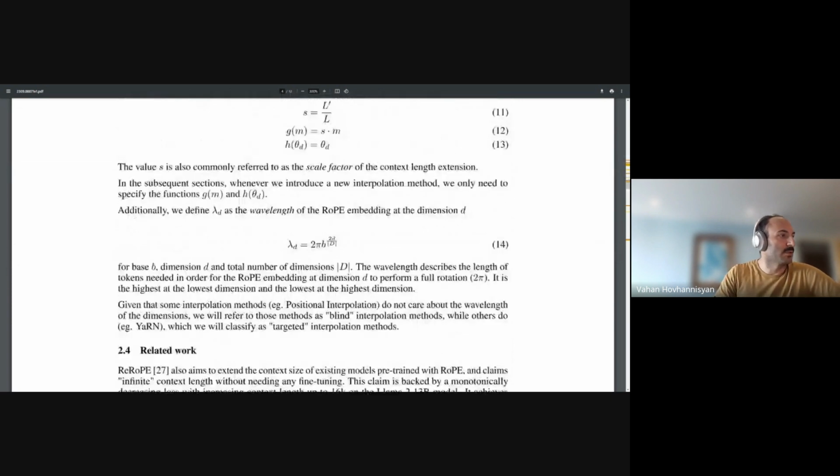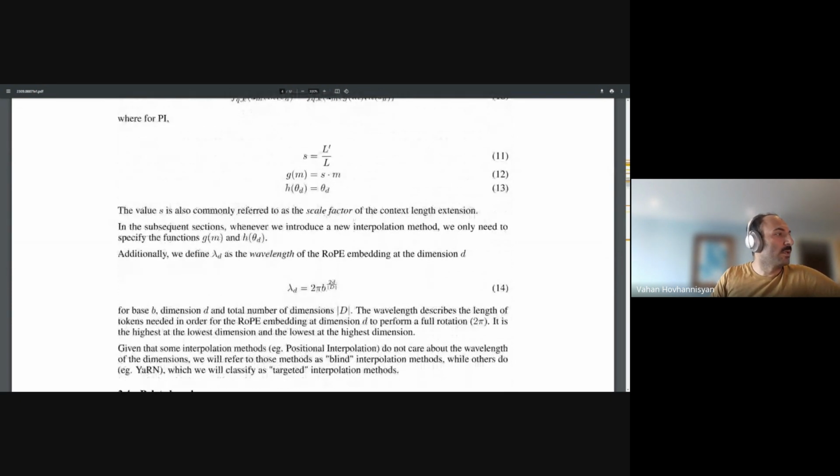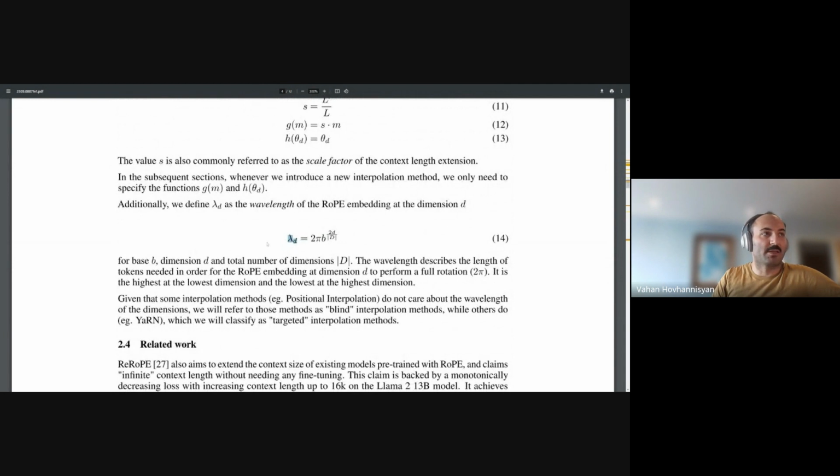Okay, so let's continue. We also define the wavelength lambda, which is the wavelength of the ROPE embedding. This is also motivated by theory.